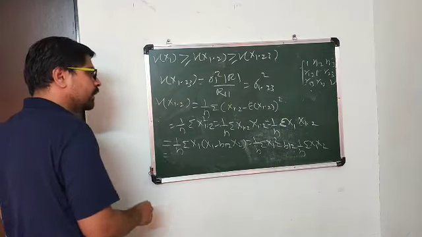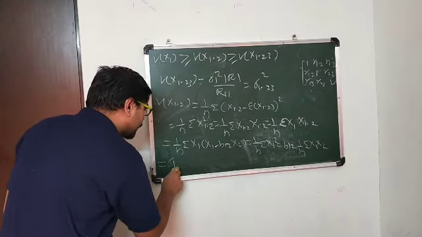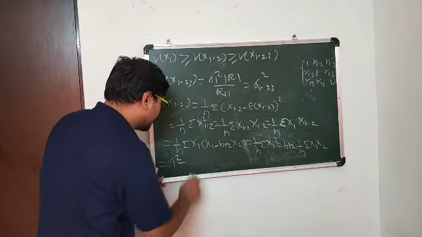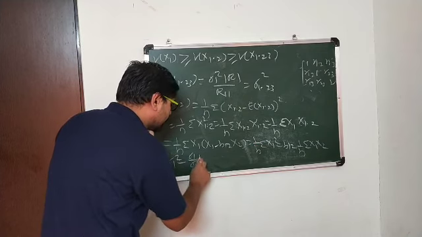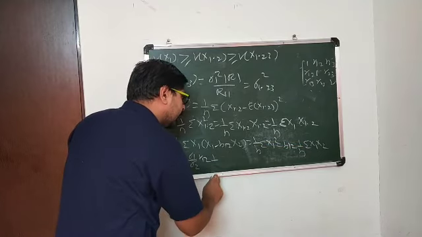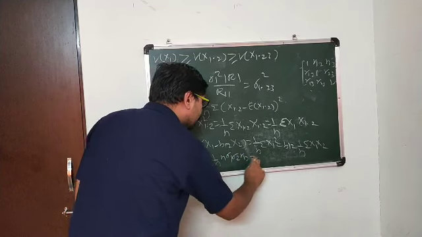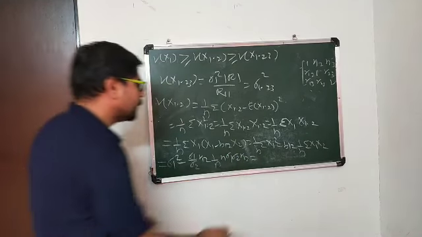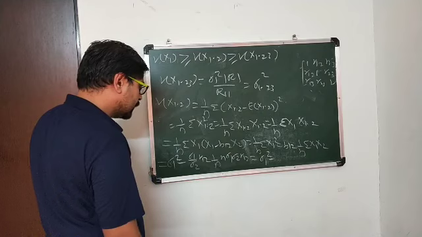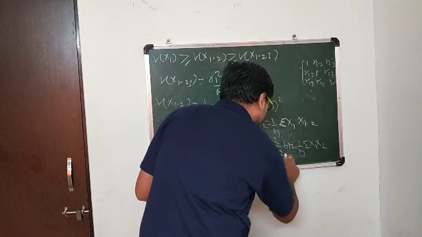So what we have, b12 into this, is equal to sigma 1 square minus b12, which is sigma 1 upon sigma 2 r12, into 1 upon n into sigma 1 sigma 2 r12. This equals sigma 1 square minus, sigma 2 gets cancelled, n gets cancelled, sigma 1 square into r12 square.